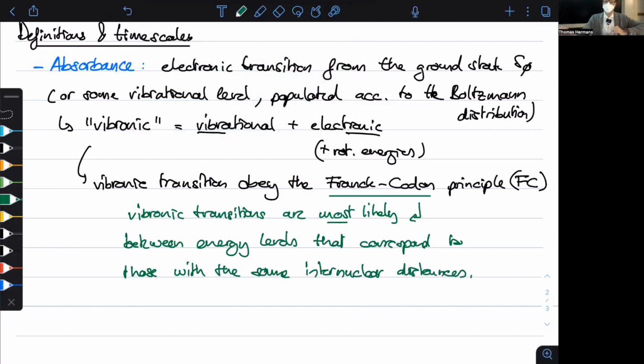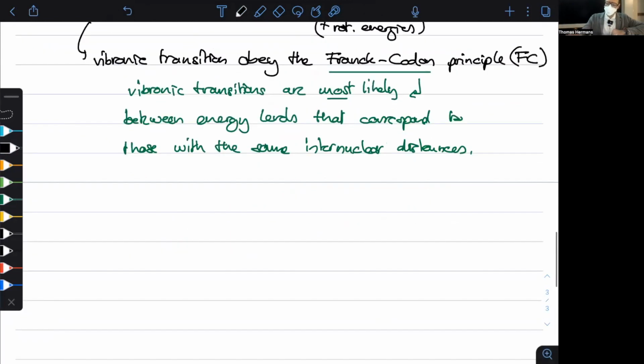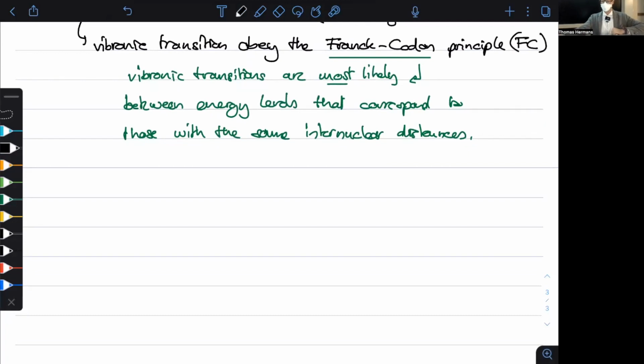And now you are like, what does that mean? It is strange, right? What does it mean that vibronic transitions are most likely between energy levels that correspond to those with the same internuclear distances?